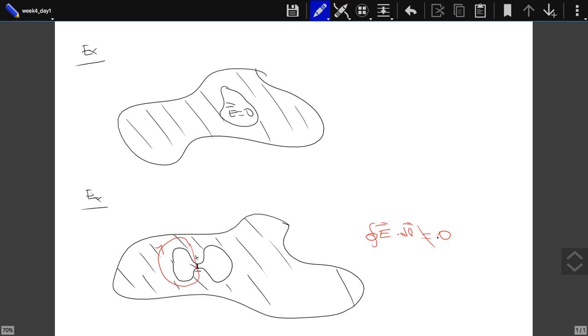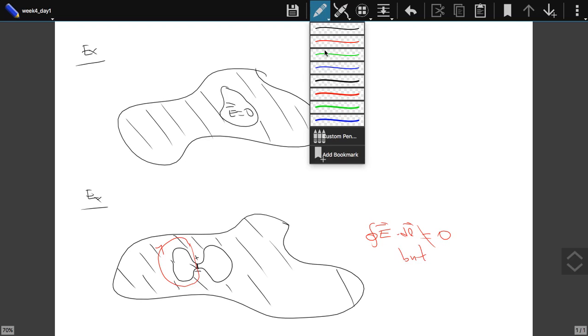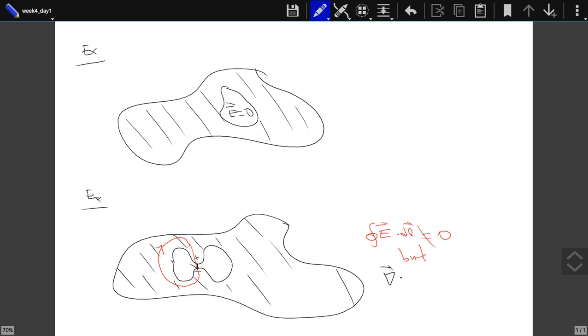But we have seen that the curl of an electric field in electrostatics is always 0, and hence the loop integral of the electric field is always 0. So it cannot be. There's a contradiction over there.